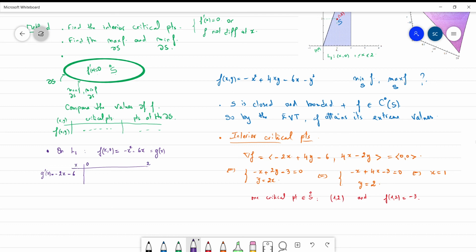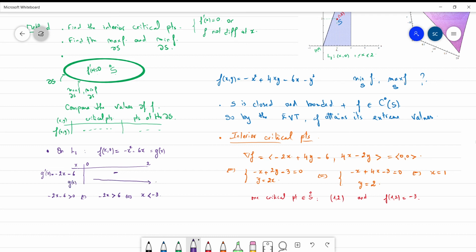g prime is 0 only for x equal minus 3. It is positive if and only if minus 2x is greater than 6, equivalent to x less than minus 3. Since x is between 0 and 2, it's greater than minus 3, so this quantity is always negative, and my function g of x is decreasing.